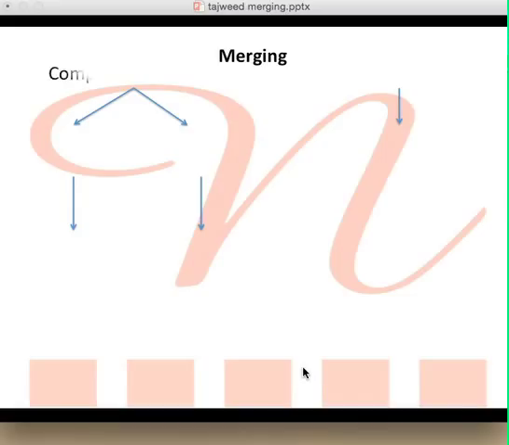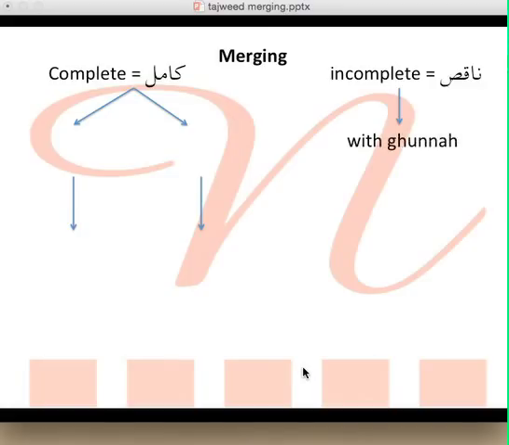Okay, let's see the next one. We still have the same groups, but this shows more clearly which is complete. I just put the names in Arabic. Complete is kamil, incomplete is naqis. So in Arabic we may say idgham kamil bi-ghunna or idgham naqis bi-ghunna. Naqis is with ghunna, always incomplete.